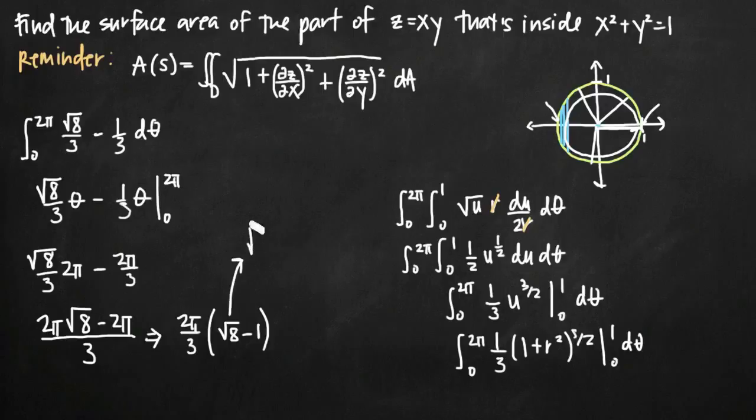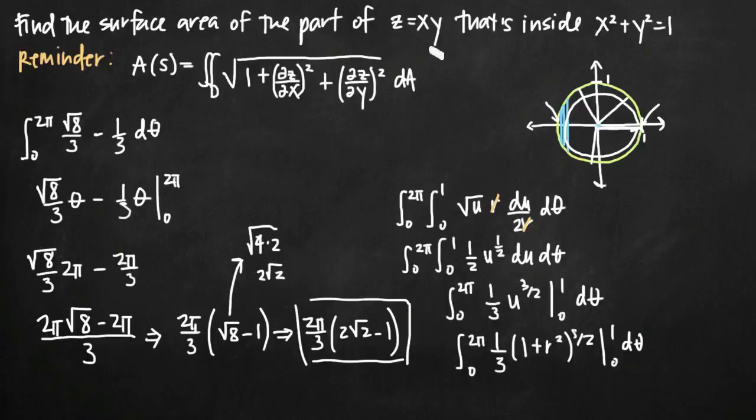Remember that root 8 is the same as the square root of 4 times 2, so I can take the square root of 2, pull it out in front, and say 2 root 2, which means my final answer here will be 2 pi over 3 times 2 root 2 minus 1. And that's it. This is the surface area of this function z equals xy that lies inside the circle x squared plus y squared equals 1.